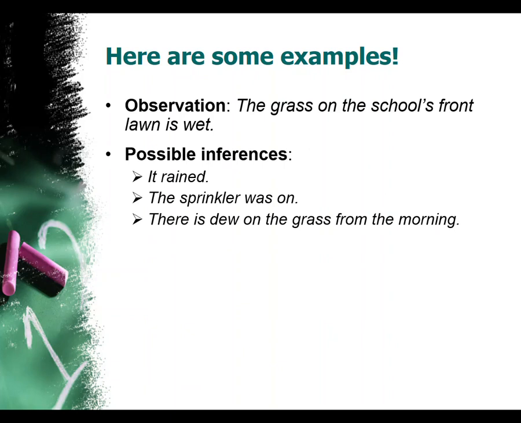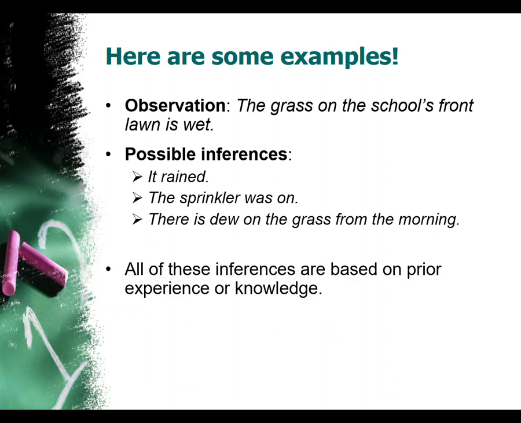Those are all inferences where we have taken prior knowledge and concluded why the lawn is wet. All of these are based on prior experience or knowledge. You know that in the early morning, condensation can build on blades of grass, and that creates dew, and that would be a reason why it would be wet.